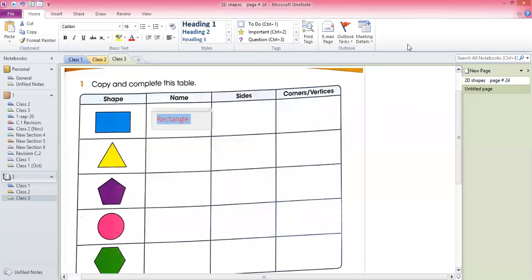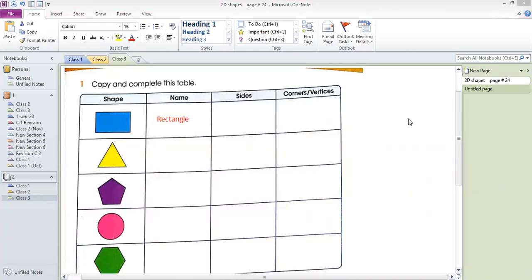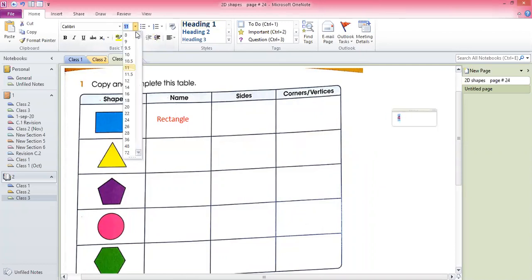Okay, Ammar, very good. If you finish, let other students finish, please. 4 sides and 4 corners. Those who finish, complete the next figure, please. Complete the next figure and tell me the answer. 4 corners, 4 vertices.